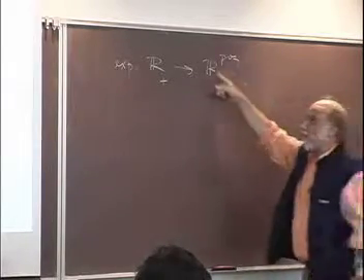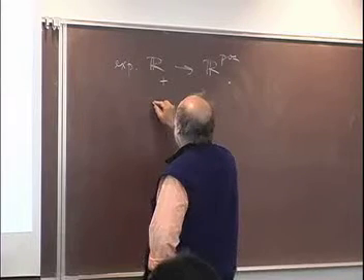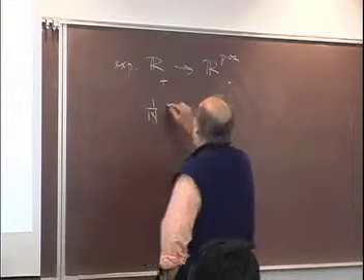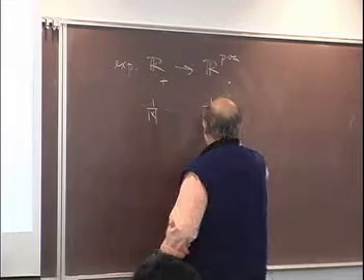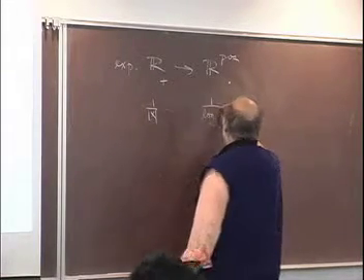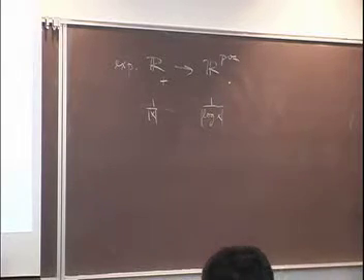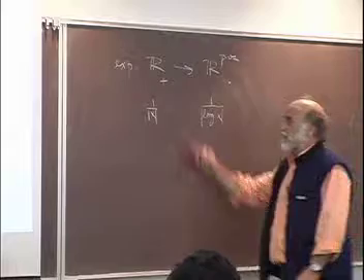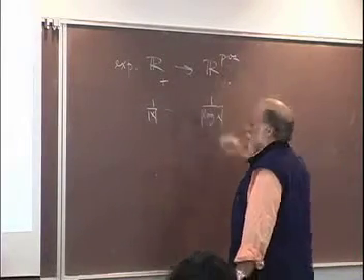So these two groups are isomorphic. Now, the function 1 over x here corresponds to the function 1 over log x here. And so if I have something which is of polynomial decrease here, it becomes of logarithmic decrease here.